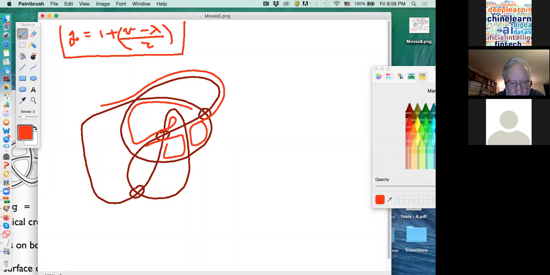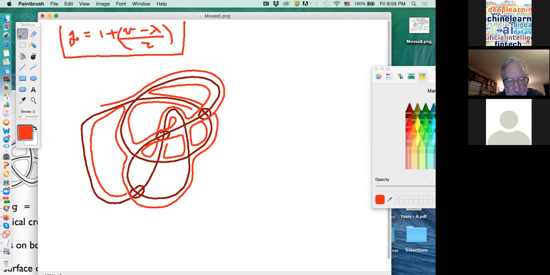I don't know how to find the number of boundary components without doing a tracing, but that's all right.